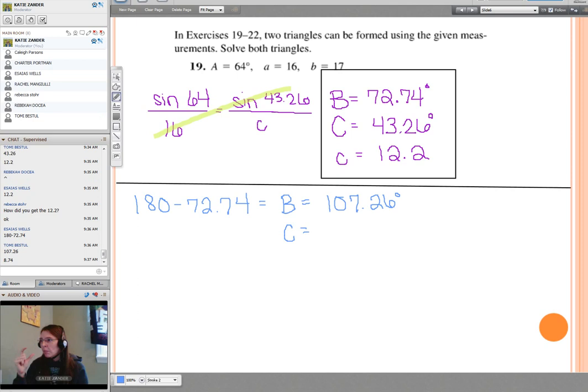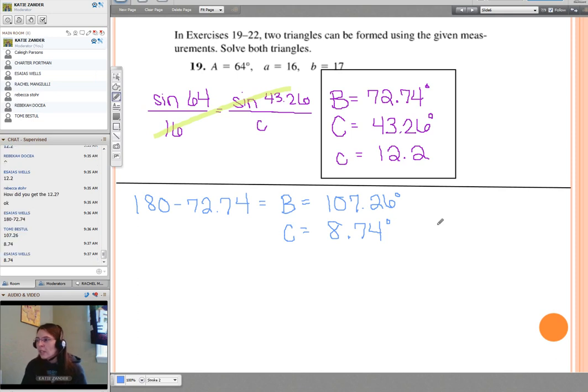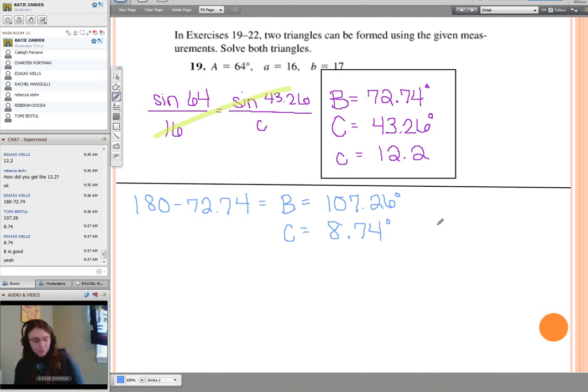Most of the time it's going to be a really small amount here because angle B is going to be very large. Okay, before we move on any further, can we get somebody to second those answers? Okay, Isaiah's seconded the 8.74, which means he must have used the 107.26 to begin with as well. And B is good. Awesome.